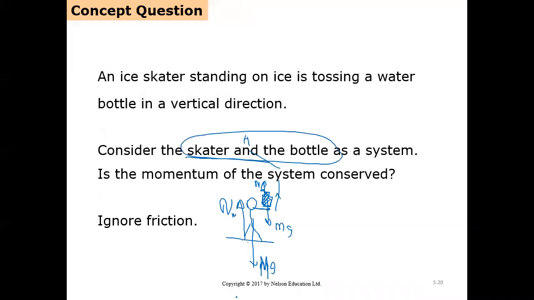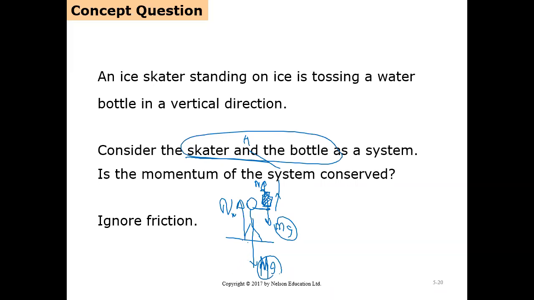Here you will argue that mg is an external force to the system, and this mg is also an external force for the system. But you say if he is stationary, not trying to throw it up, the external forces are balanced. But what are the external forces?